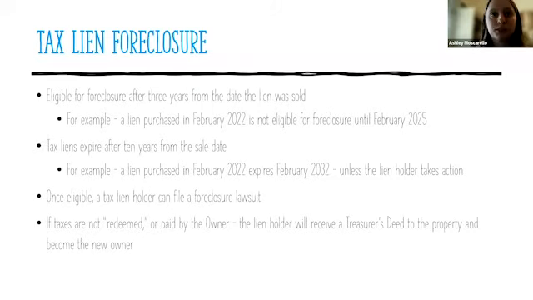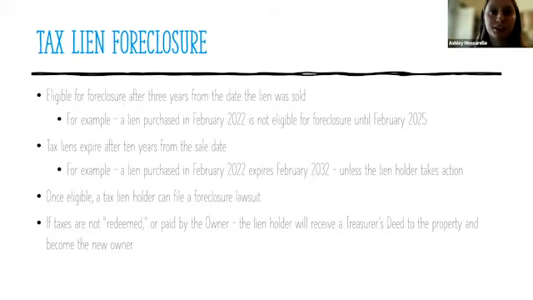I also just recently dealt with a matter where one of the liens was about to expire, and because they had started the process of the foreclosure, the statute requires the lien holder to send a notice to the owner of the parcel that says, hey, I'm going to foreclose, you better pay this. If they've taken that step, then the 10-year expiration is essentially extended for that period of time that they gave you in the letter to respond.